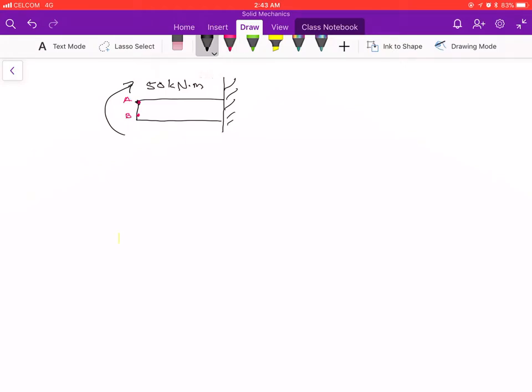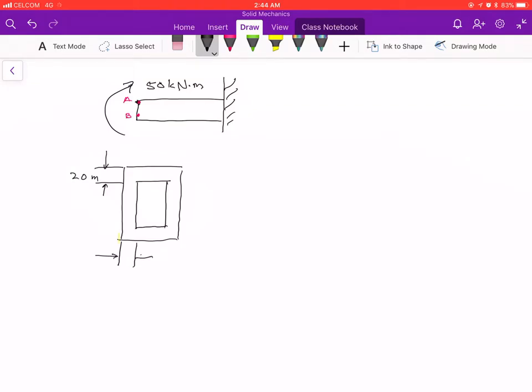So the beam here, if you take the cross section, is something like this. It is a hollow section, and the dimension is 20 mm here, and it's all around.